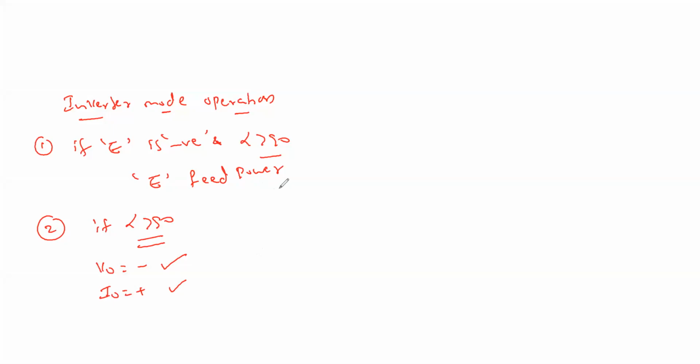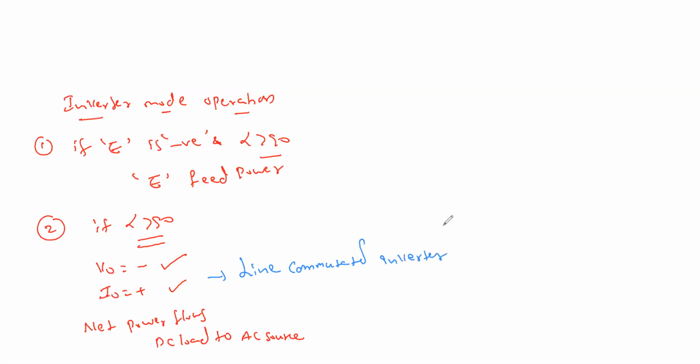The net power flows from DC load to AC source. This operation is known as line commutated inverter.